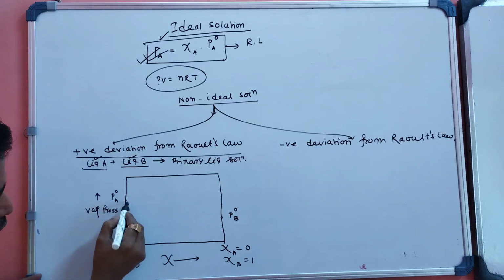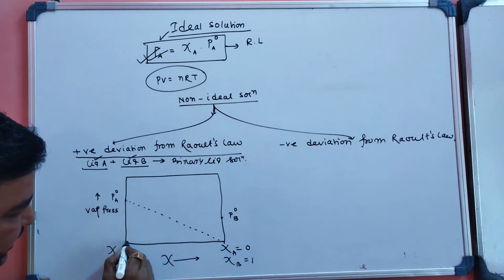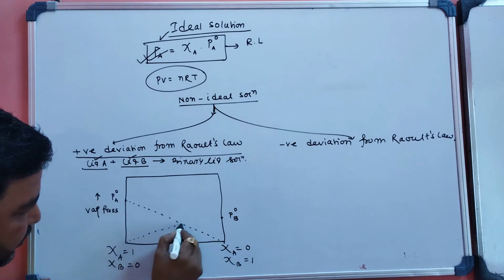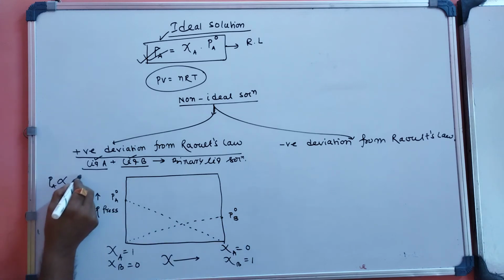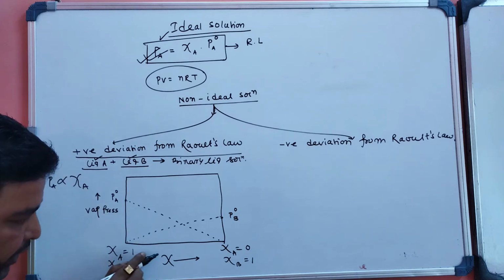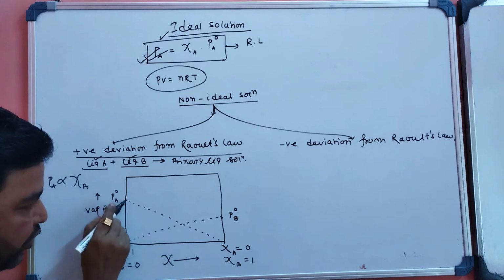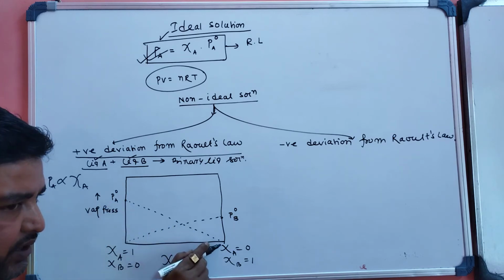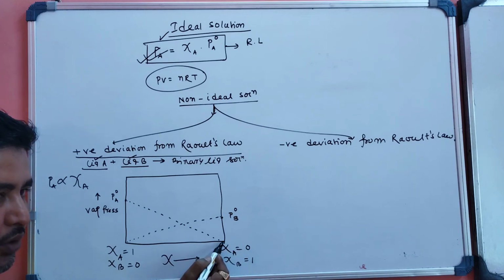So according to Raoult's law, if we plot the vapor pressure versus composition graph, we will get a graph like that. Why? Because partial vapor pressure is directly proportional to the mole fraction. Follow: when we move from left to right, chi A decreases, the mole fraction of A decreases, the corresponding vapor pressure also decreases, and when the mole fraction of A becomes 0, the corresponding vapor pressure becomes 0.